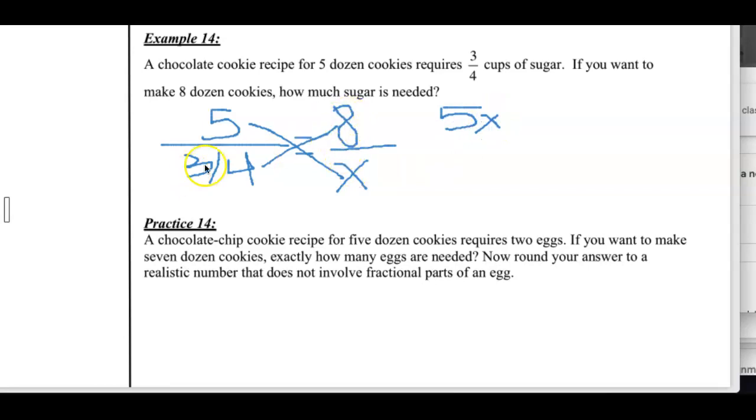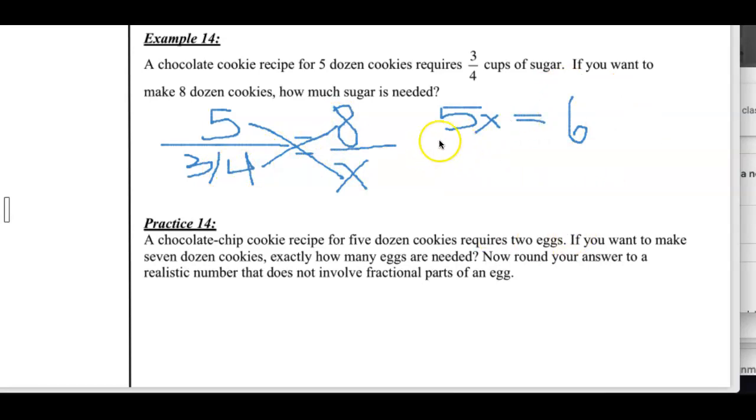And then when I multiply 8 times 3/4, remember this is basically like 8 over 1. You get 8 times 3, that's 24, but then you would divide by 4. Well, 24 divided by 4 is 6. So I'm doing a little bit of mental math here, hopefully you're okay with that. Again, 8 times 3/4, I'd end up with 6.